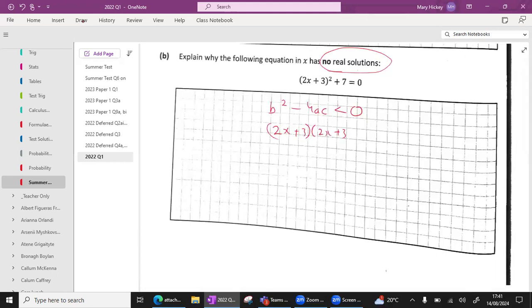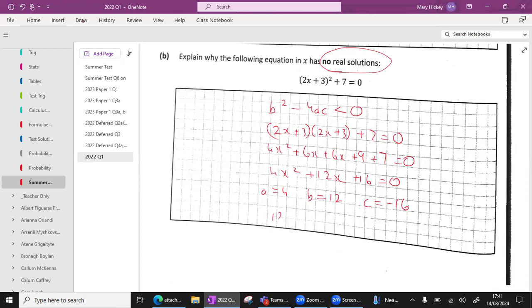That's 4x squared plus 6x plus 6x plus 9 plus 7 equals 0. So that's 4x squared plus 12x plus 16 equals 0. So a is 4, b is 12, c is 16.